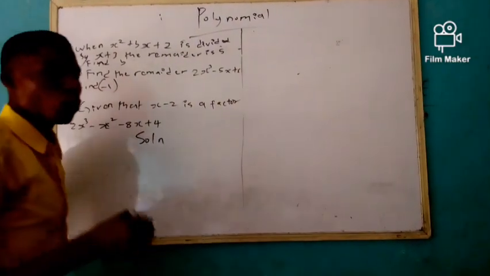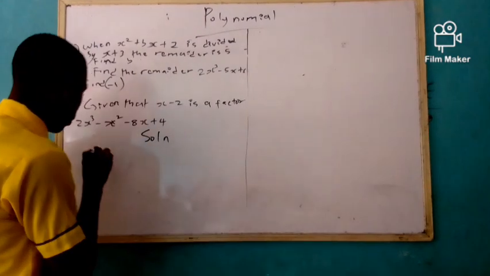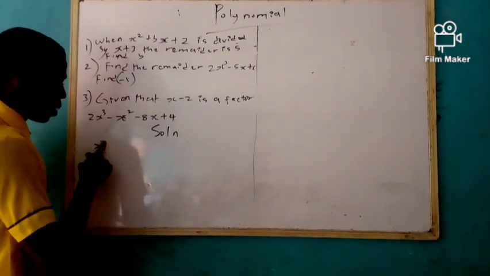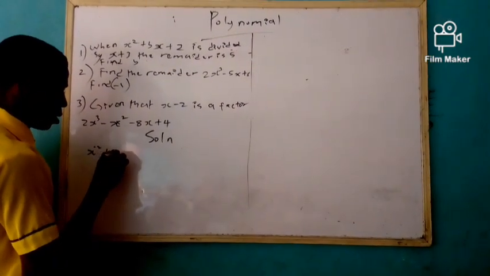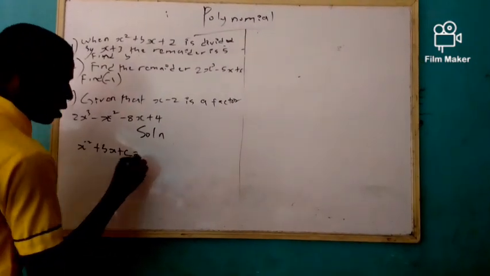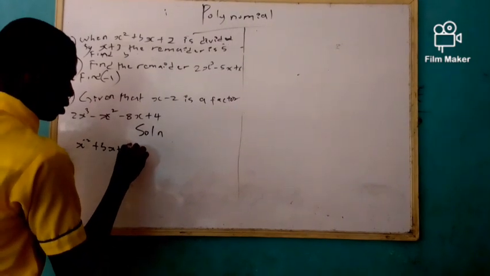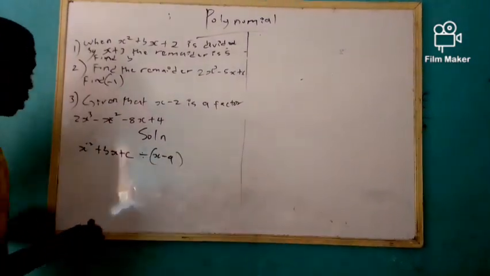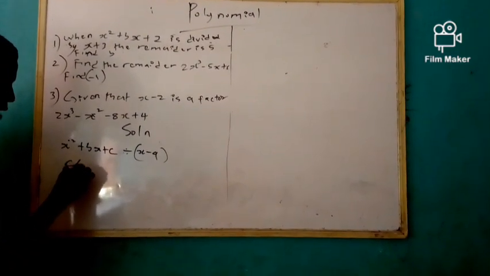I will show you something called the remainder theorem. The remainder theorem states that if a polynomial x squared plus bx plus c is divided by x minus a, the remainder will be f(a).